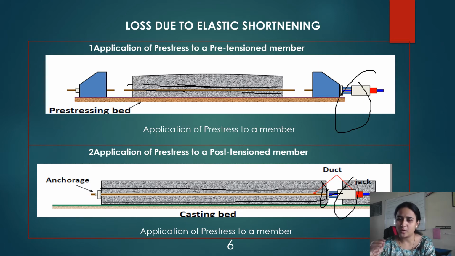In simple words, elastic shortening loss is only there in the pre-tension member, because we apply tension to the tendons sequentially or one by one.